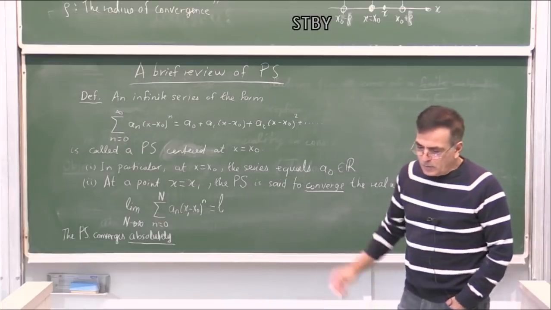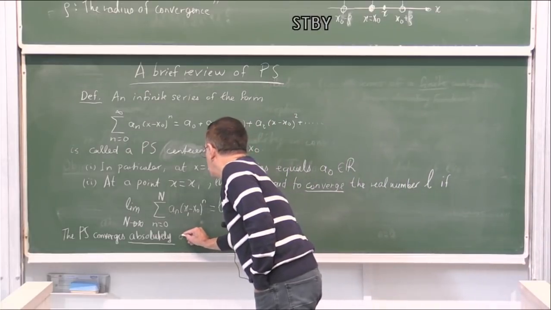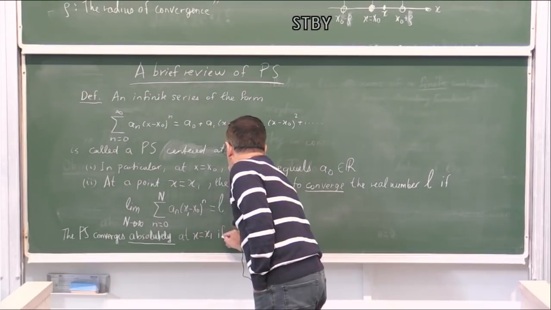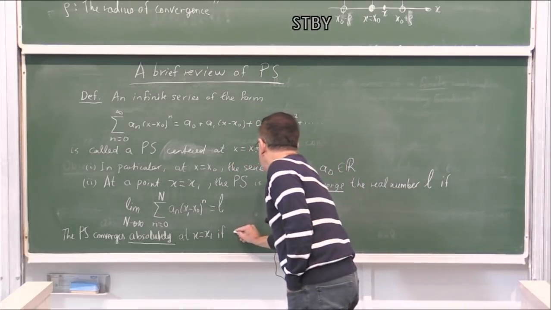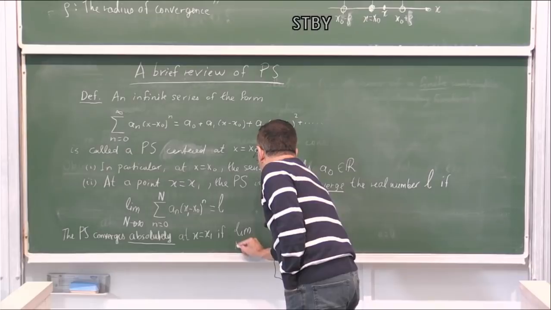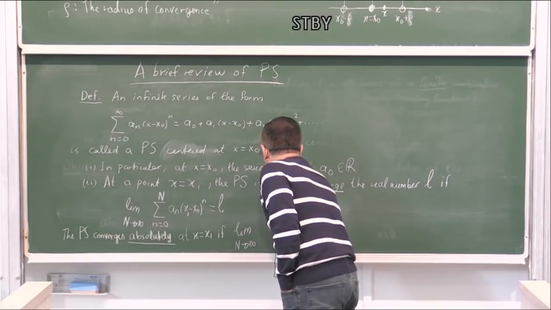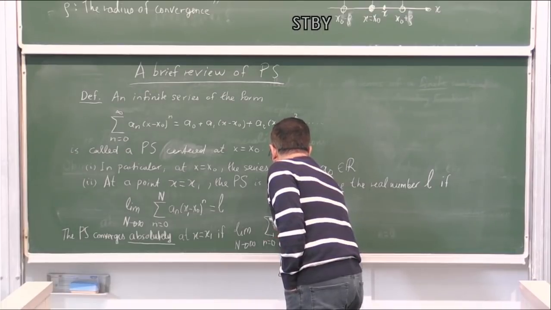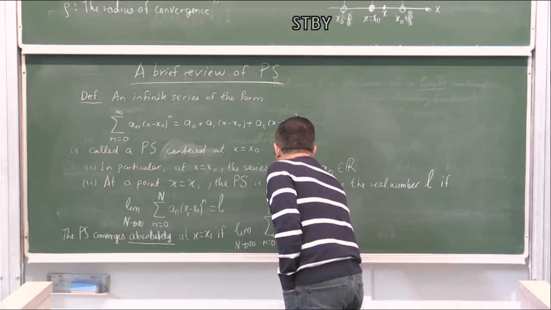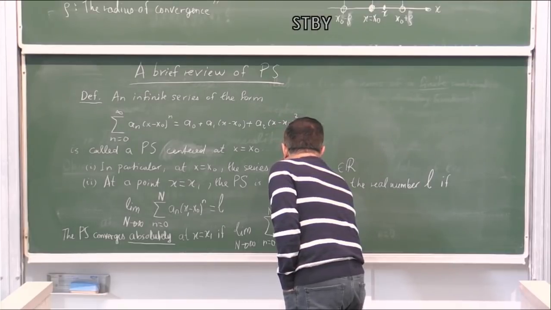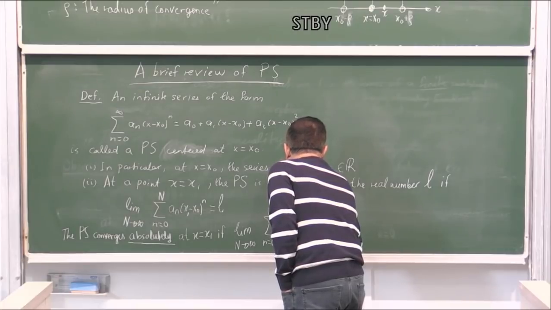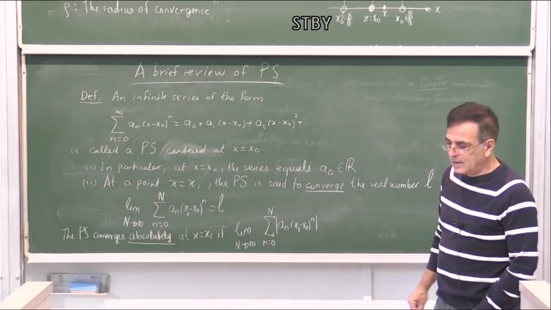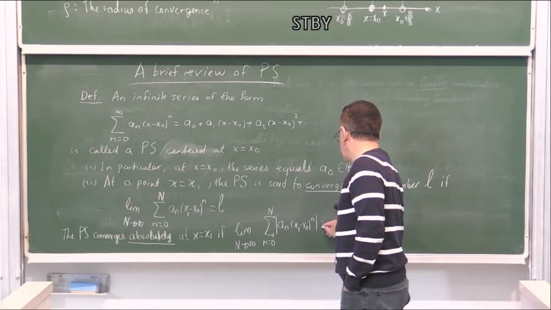Also, we use the terminology absolute convergence at x equal to x1 if this limit, this time we consider again the limit of such a truncated series or partial sum, but we take absolute values of the terms. Good. Whenever this limit exists.